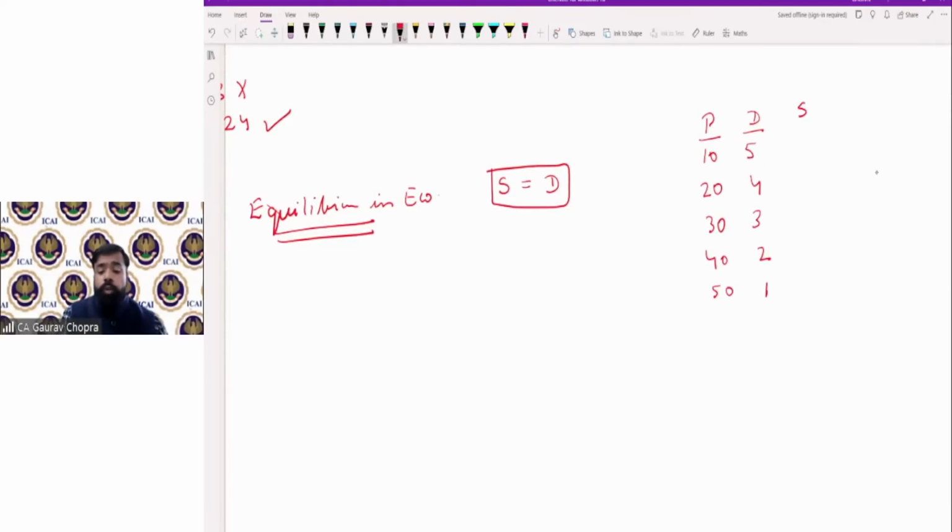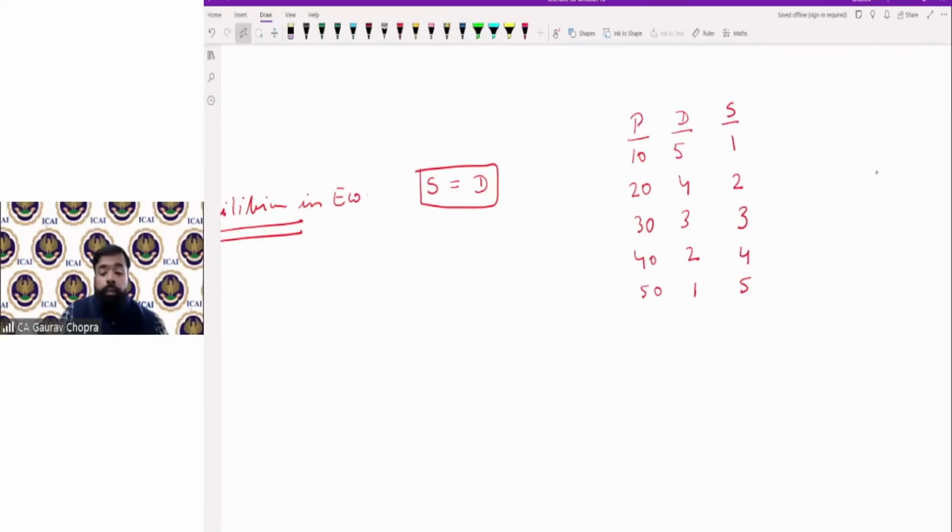Similarly, if we talk about supply, what will happen? When price increases, quantity supplied also increases. So, at price 10, supply is 1 unit. At 20, it is 2 units. At 30, 3 units. At 40, 4, and at 50, it will become 5 units.